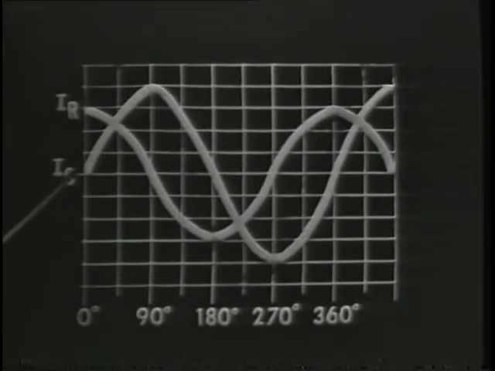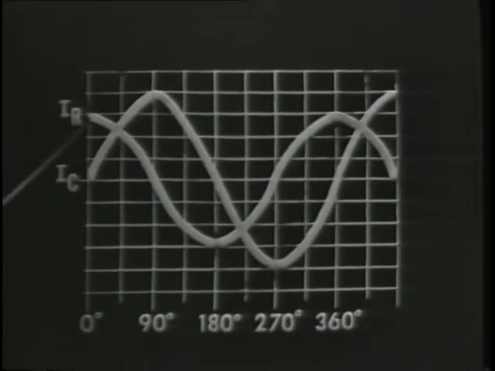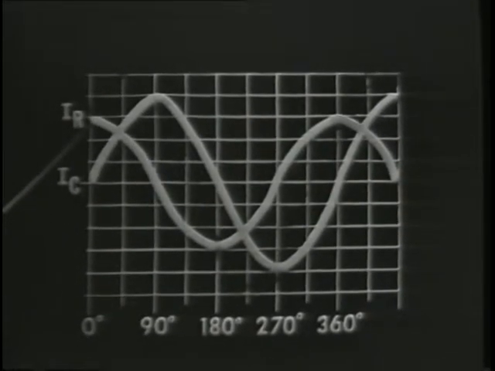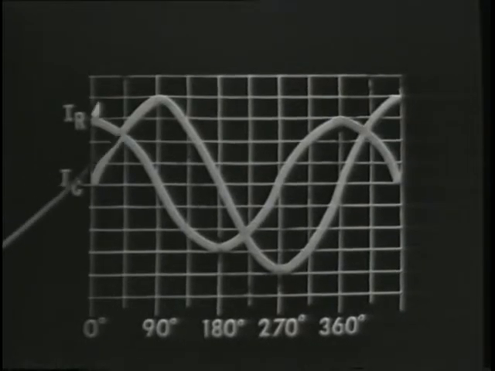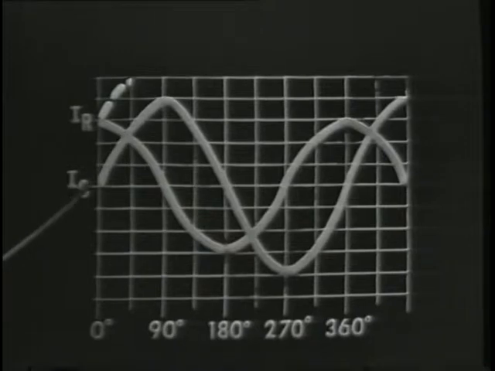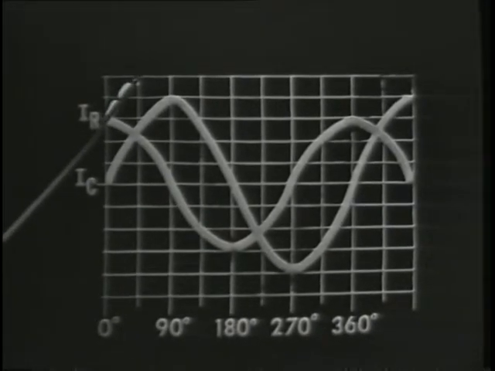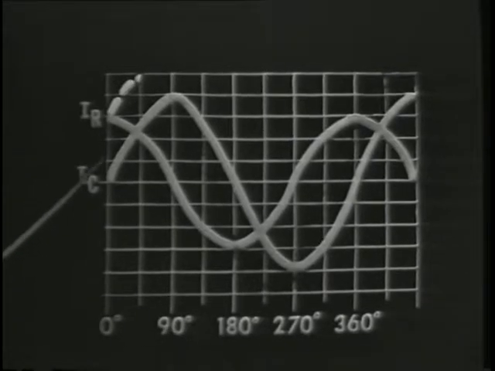For example, at 0 degrees, IC is 0 and IR is 30 milliamps. So the current in the circuit would be 30 milliamps. At 45 degrees, IR is now about 25 milliamps and IC about 25 milliamps. Thus, the resultant, or the total current, would be 50 milliamps.